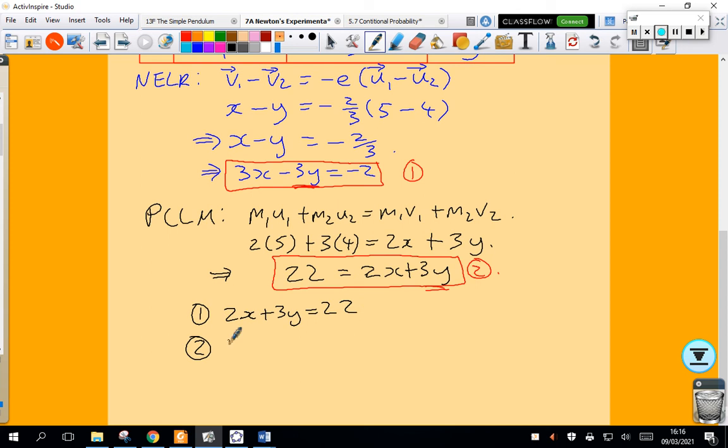Equation 1: 3x minus 3y equals negative 2. Using the addition property of equations, we're adding this, not changing the sign of anything. So 2x added to 3x, that's 5x. 3y added to negative 3y, 0. 22 minus 2, 20. And from that you can work out that x must equal 4.